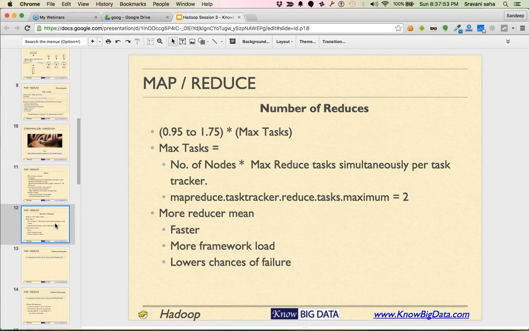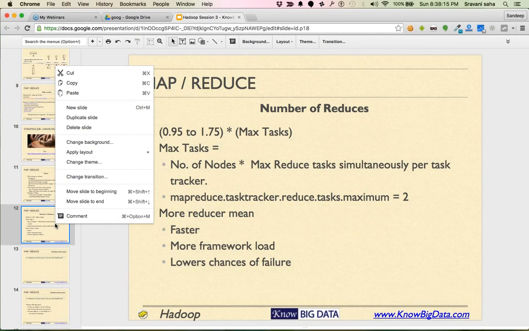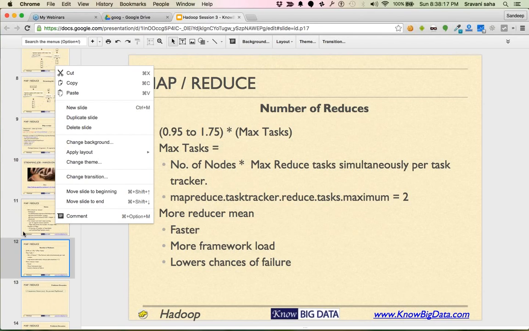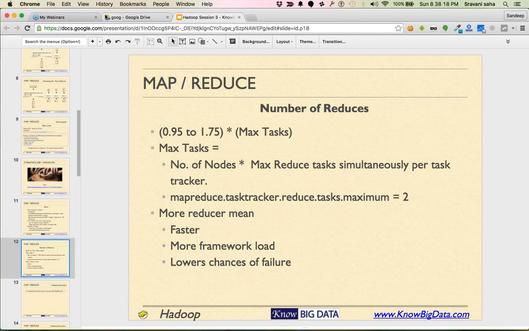So this is a general rule of thumb to decide how many reduce tasks you can have. Now what would happen if you define 1.75 or twice the maximum tasks, or what would happen if you have too many reduce tasks? The amount of shuffling that goes on here.